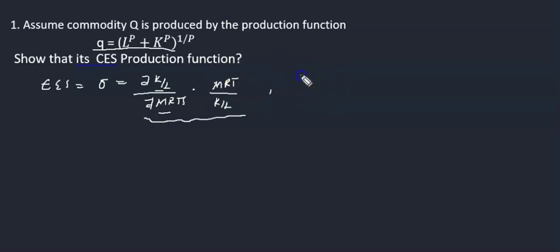So we'll write MRTS equal to x, then K over L equal to y, so that we change this formula to something that we are very familiar with, just replacing the variables. Oh, sorry, we are supposed to write dy over dx.